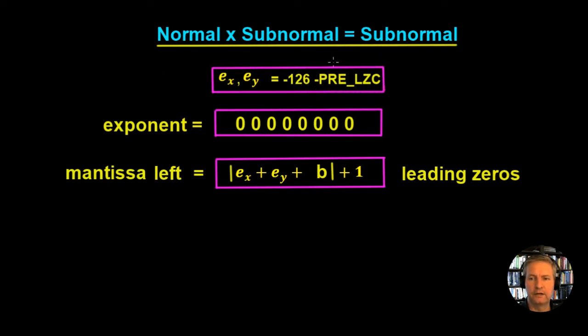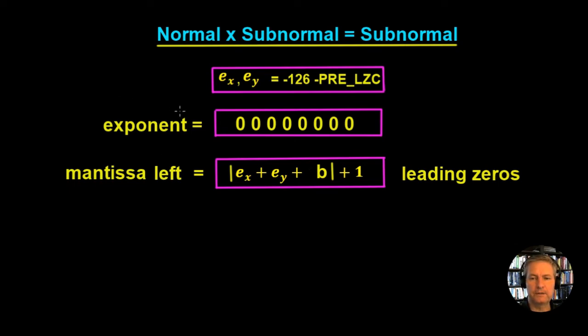This is the number of leading zeros in the original subnormal number. And remember to always add in the hidden bit, which is the 24th bit, which is also a 0.